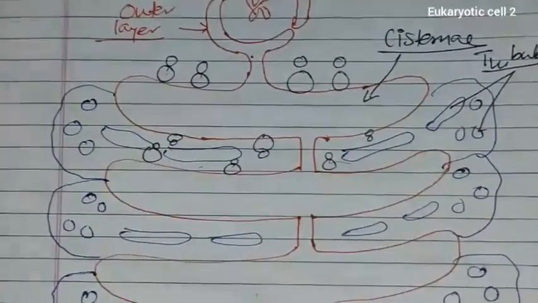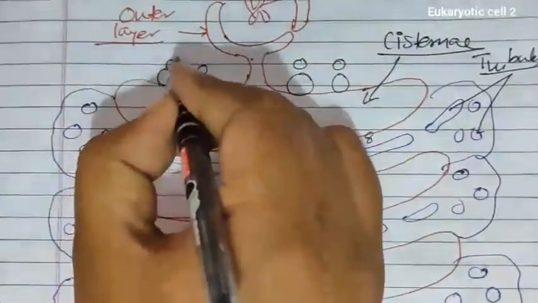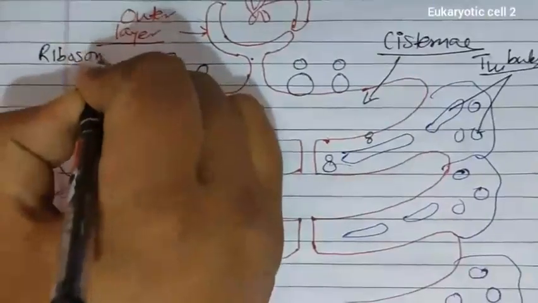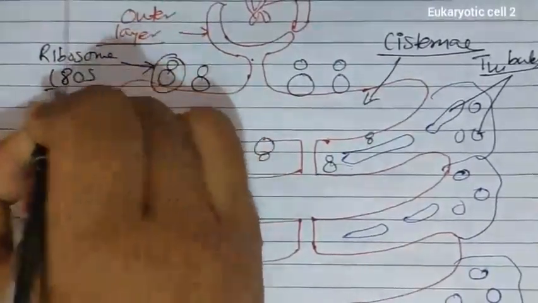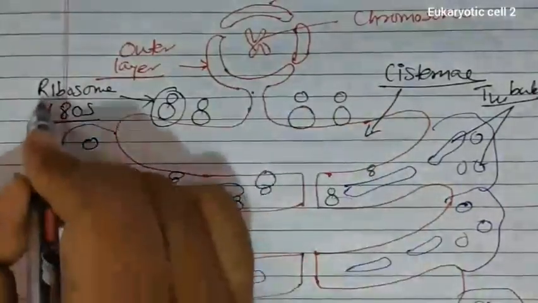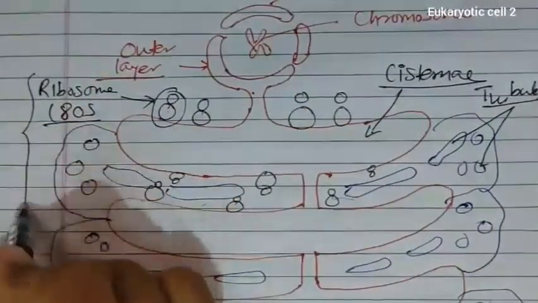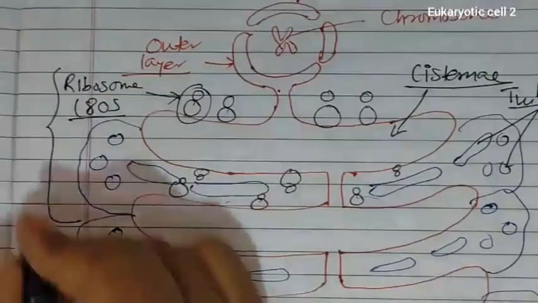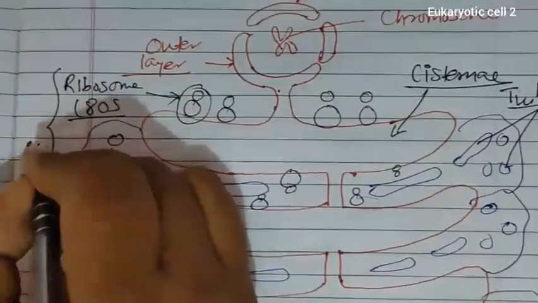Okay, and these are ribosomes which are found associated with this, and they are 80S ribosomes. Now this region where ribosomes are present, the region of ER where ribosomes are associated with the cisternae towards the nucleus, that is known as RER.